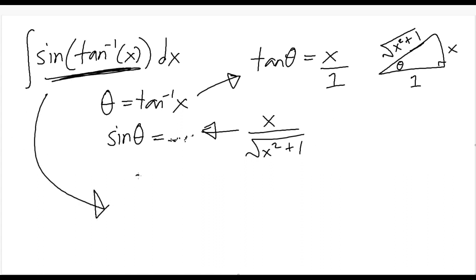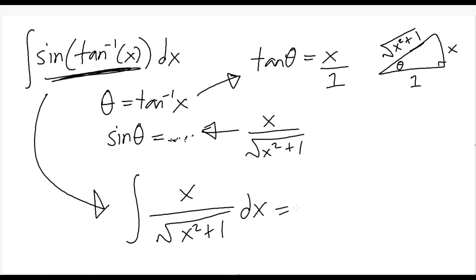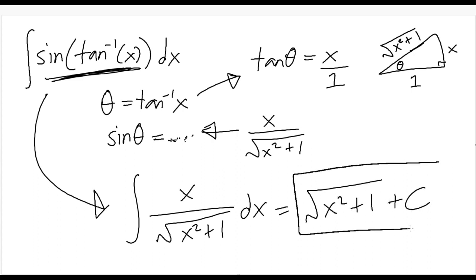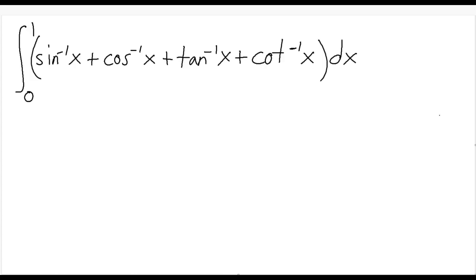And so now we have the integral of x over the square root of x squared plus 1 dx. And this is just the square root of x squared plus 1 plus c. Okay. Oh god, this is a lot of inverse trigs.